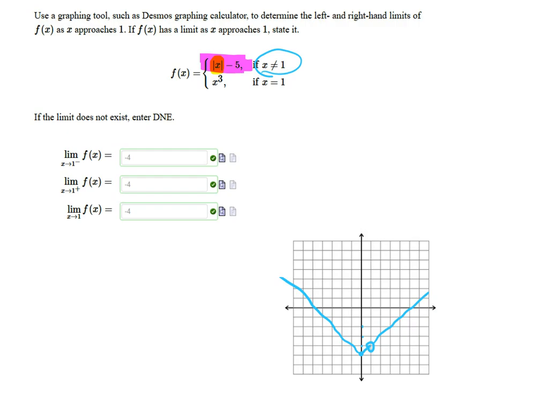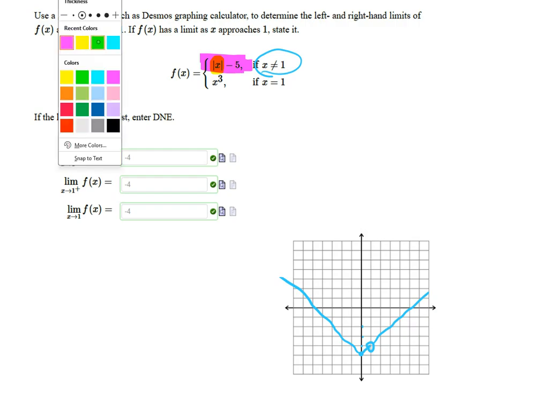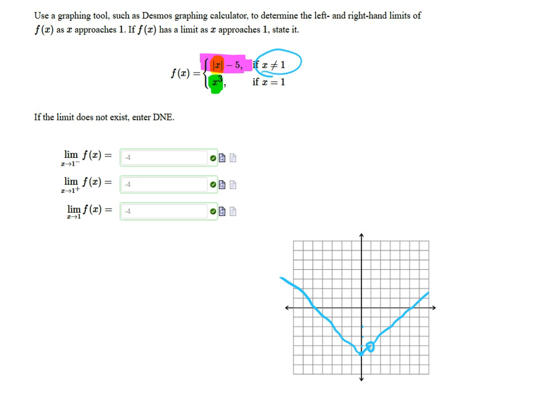And then you have the second graph, which is f of x equal to x cubed if x is equal to 1, which means there's only one point. When x is 1, x cubed will be 1 cubed, which equals 1.